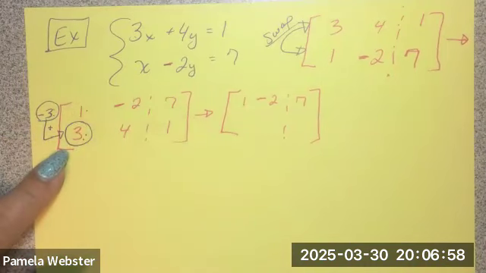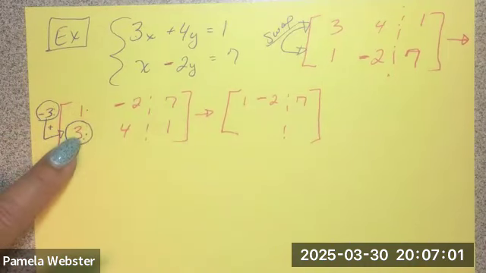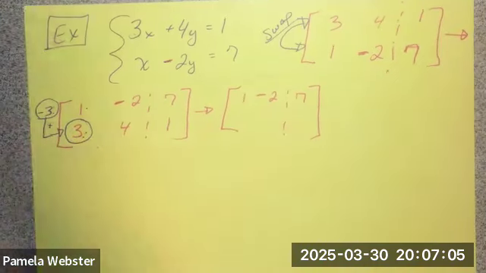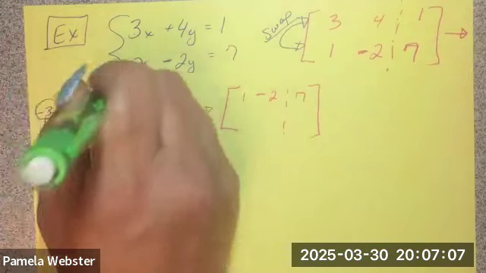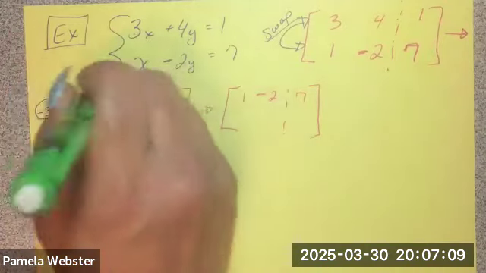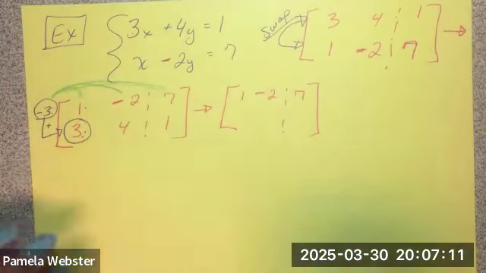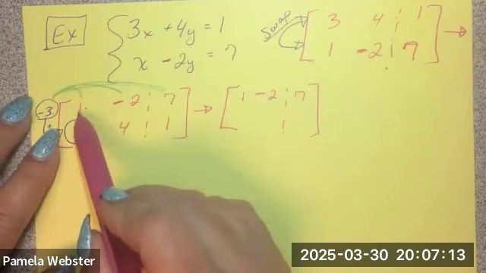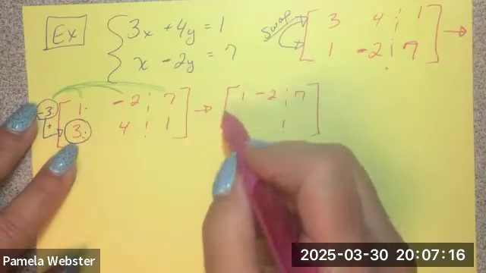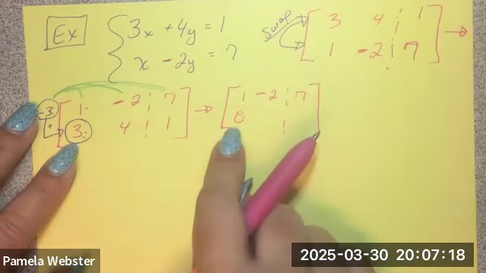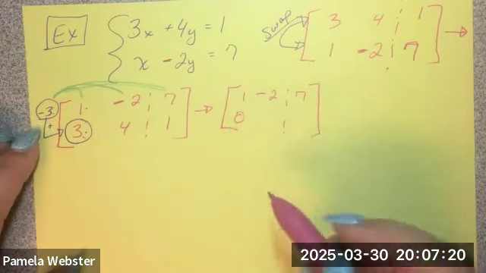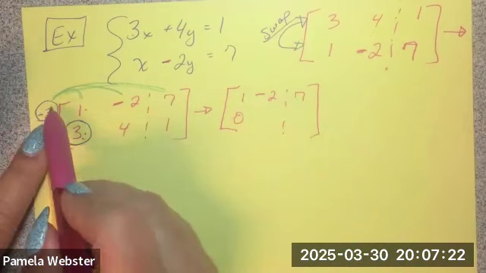I'm changing the bottom row because I want this guy to be a 0, right? So be careful with that. You're still distributing this -3 through, so make sure he goes to all the terms. So -3 times 1 is -3 plus 3 is 0. Hey, that's what I wanted there. I wanted a 0. And then the rest just kind of falls into place.